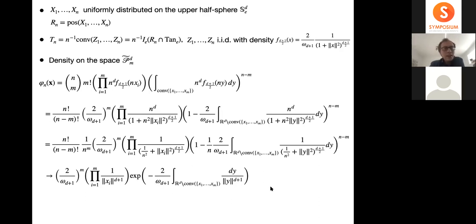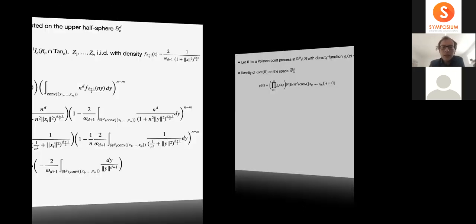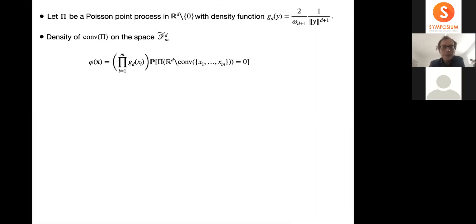So this is the limit of the densities of the vertex representations of these random polytopes. The only thing is we need to identify this limiting density with something. And this is done in the next slide. So the claim was that the random polytopes converge to the convex hull of the Poisson point process pi on R^d minus origin with this density function.